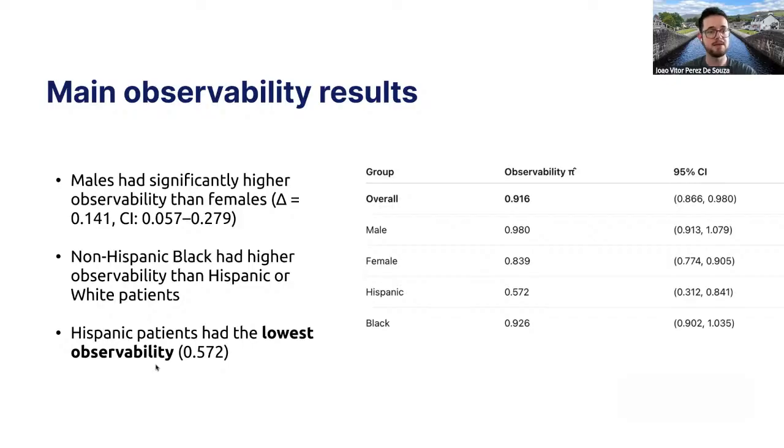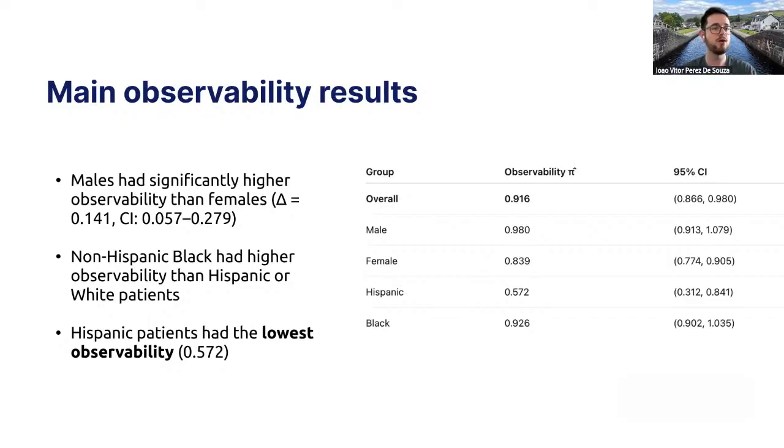What does this mean? Let's go back to the concept. Observability is whether we are collecting the outcome data for these patients in the EHR. Is the EHR actually collecting all of the data for these patients or not? Is the data represented there or not? This could tell us whether our system is serving all patient populations the same.